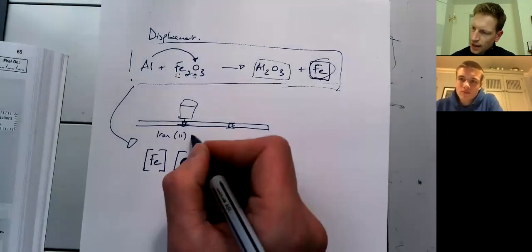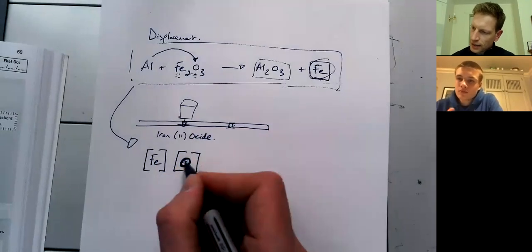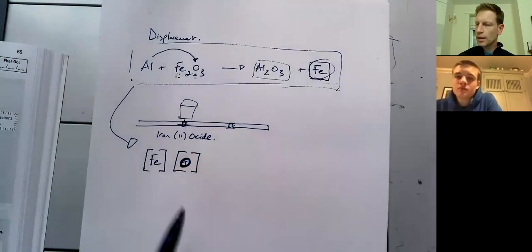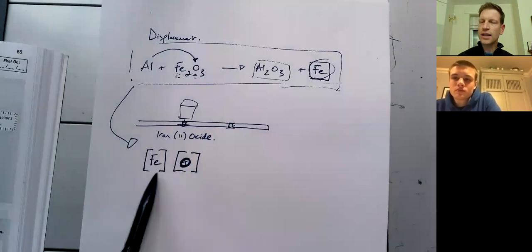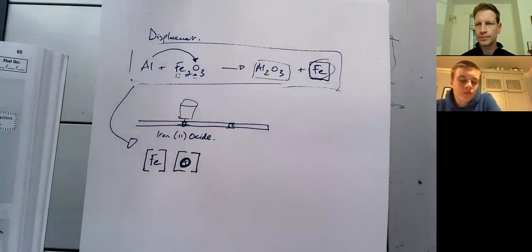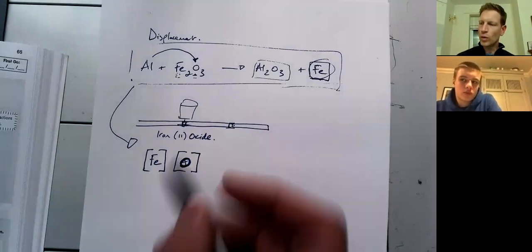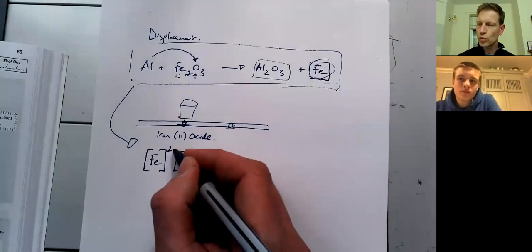So we've got iron oxide. Okay. So if it's iron 2 oxide, what charge will it be on the iron? 2. And what will it be on the oxide? Charge 2 minus.